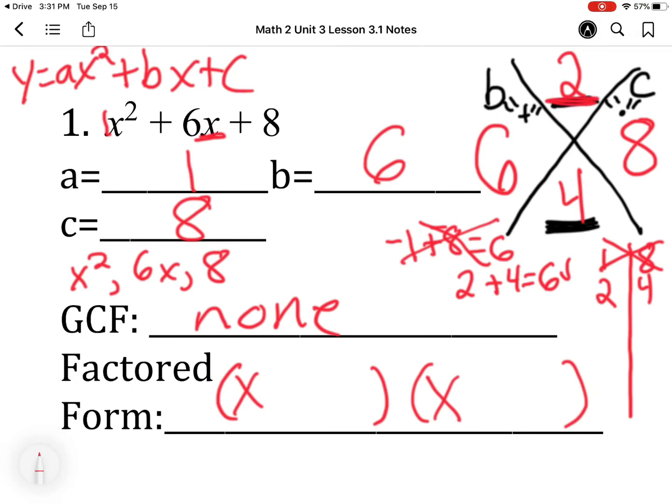And now your first magic number was positive 2, so you're going to have plus 2. Second magic number is positive 4, so you're going to have plus 4. And that is how you're going to set up your factored form if A equals 1.